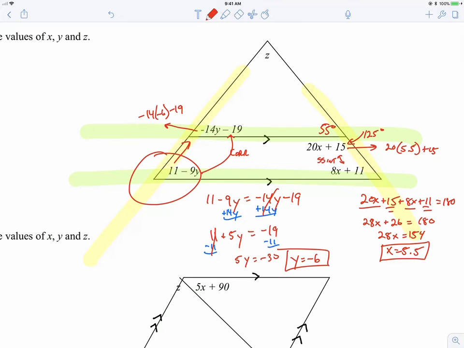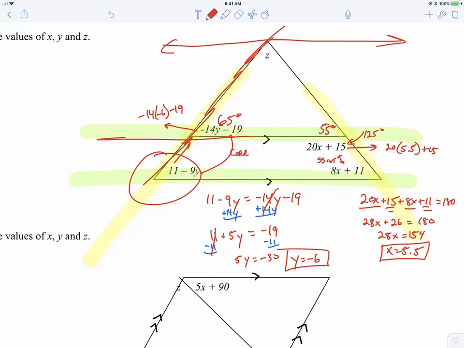So now I have to get Z. The trick with Z is that I don't have a parallel line up there, so I'm going to have to draw the parallel line that passes through Z with the parallel postulate. So this was 65 degrees. I'm going to draw the parallel line through that point. That creates a transversal here with a parallel line here. So I get, by alternate interior angles, that's 65.